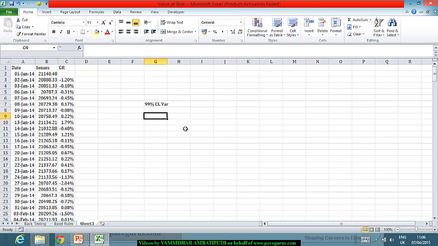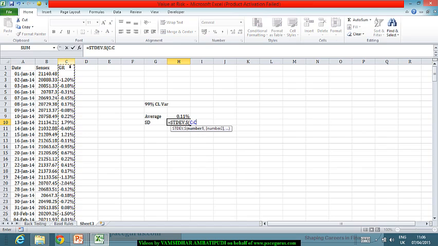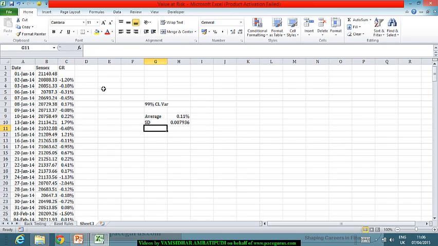Here I am using the average returns over the entire period, and the standard deviation of the returns over this entire period. I have taken the geometric returns, and what I am simply going ahead with is the 99% VAR that we are computing, in percentage terms.